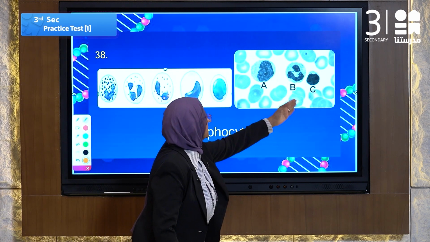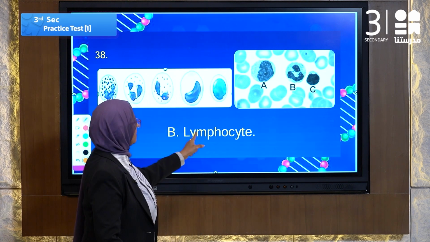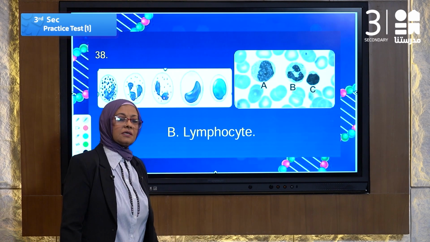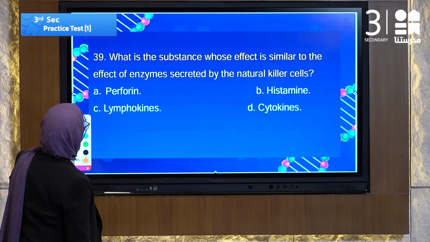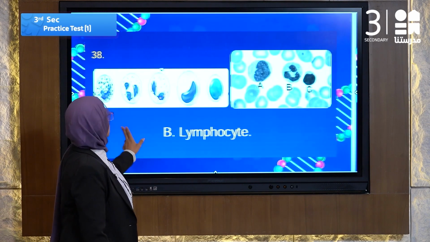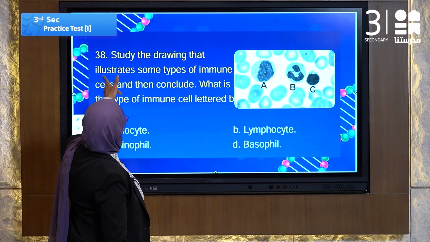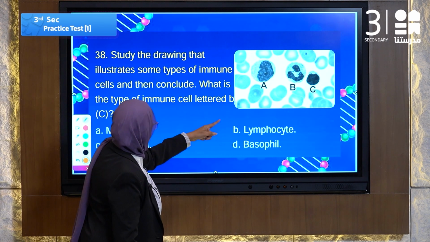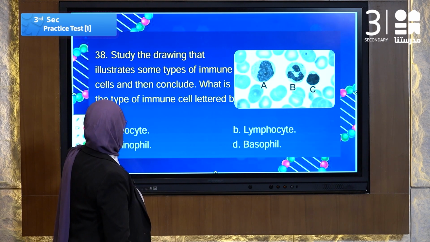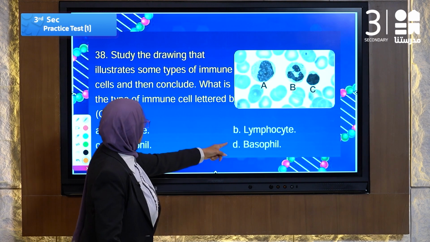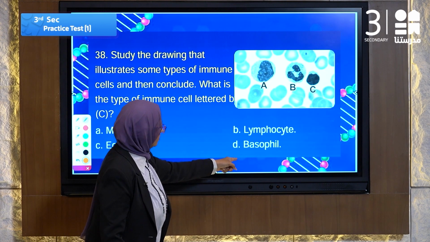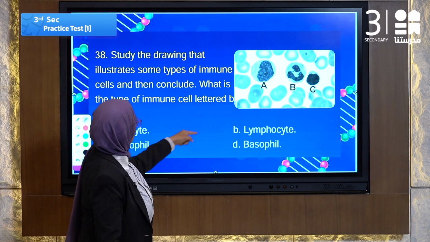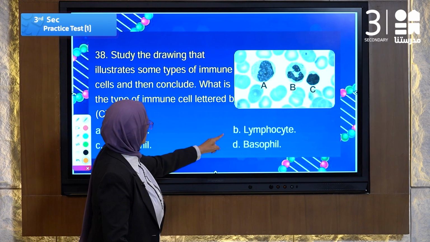A, B, C. B is lymphocytes. Lymphocyte inside the blood. So, let's go about it again. This type of cell, what is the answer? Monocytes, lymphocytes, neutrophil, basophil. B is lymphocytes.